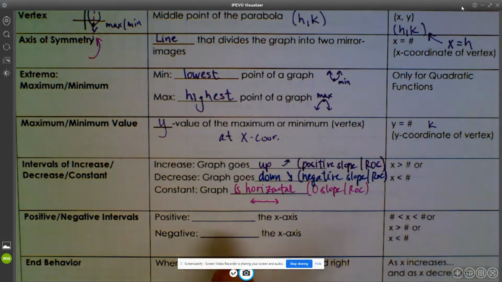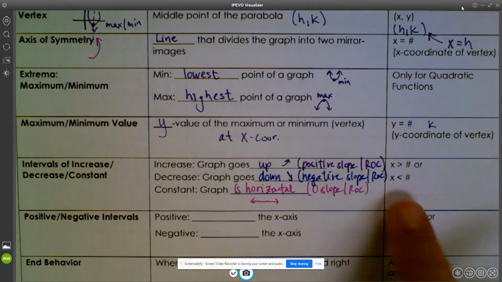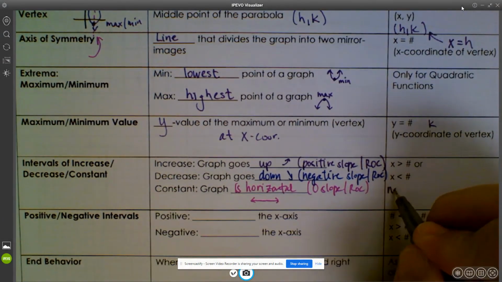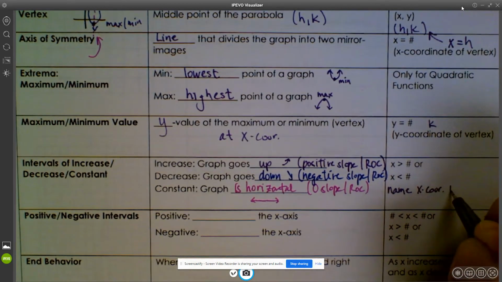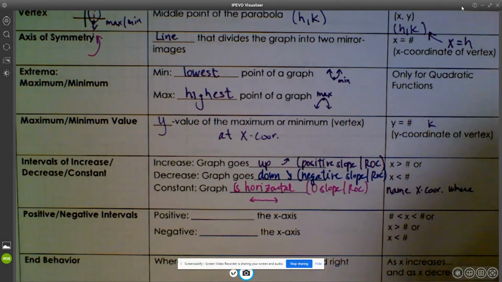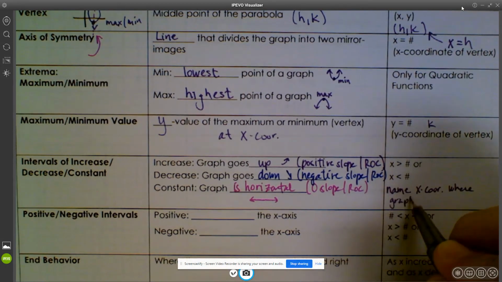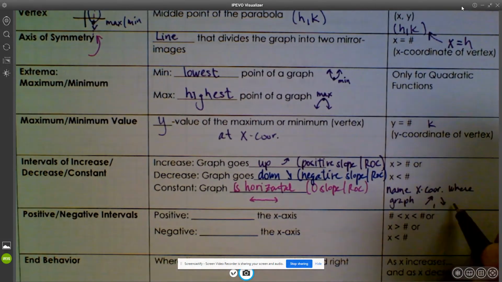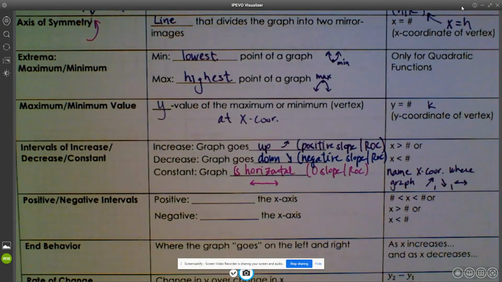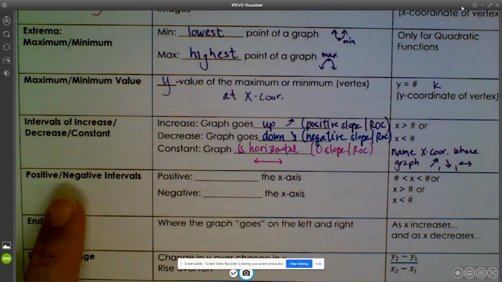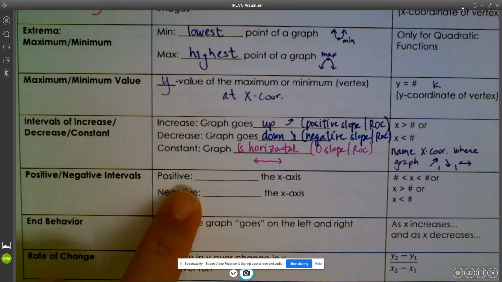So remember, these are your intervals on x's. So you are naming the x coordinates where the graph increases or decreases or stays constant. Okay? Please do not confuse that with positive or negative intervals.